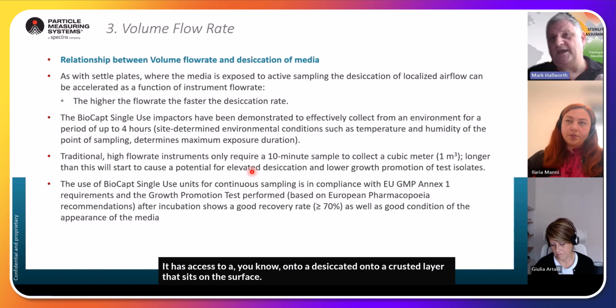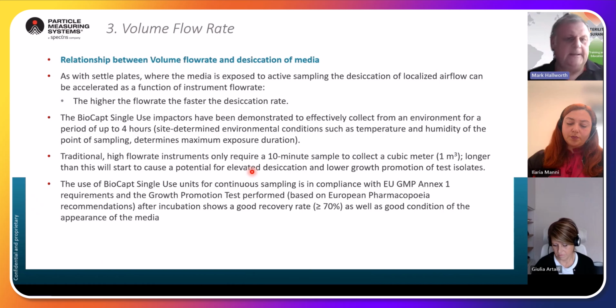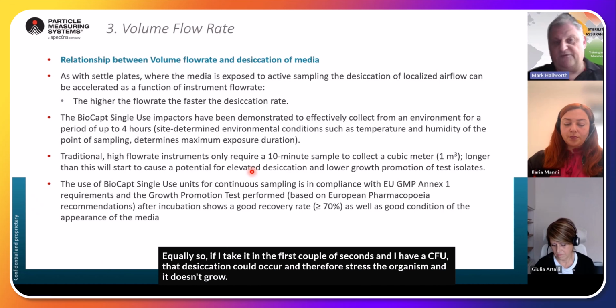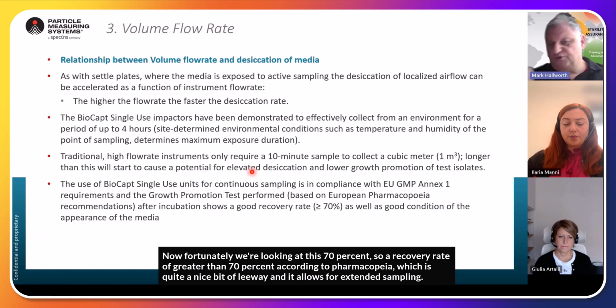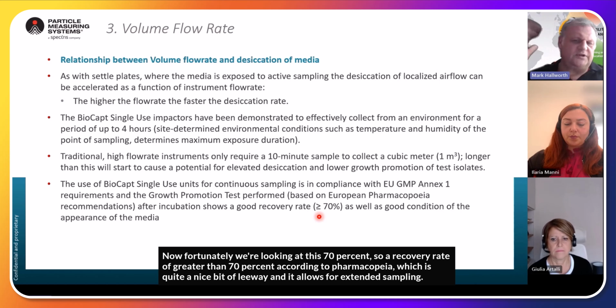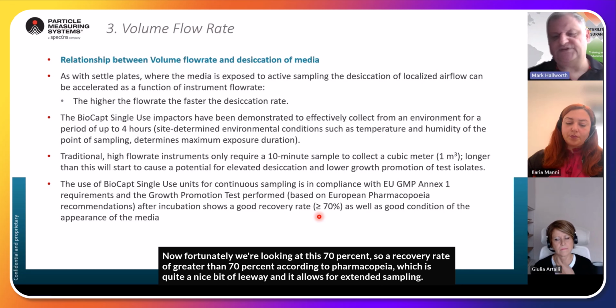It lands onto a crusted layer that sits on the surface. Equally so, if I take it in the first couple of seconds and I have a CFU, that desiccation could occur and therefore stress the organism and it doesn't grow. Now, fortunately, we're looking at this 70%. So a recovery rate of greater than 70%, according to Pharmacopoeia, which is quite a nice bit of leeway, and it allows for extended sampling.